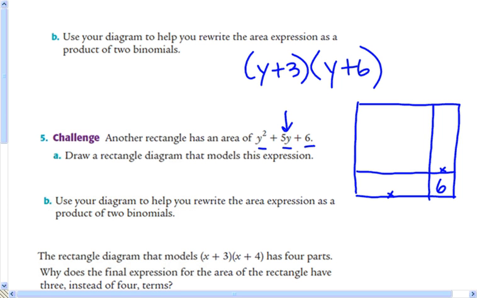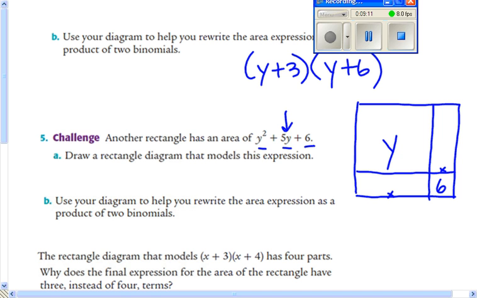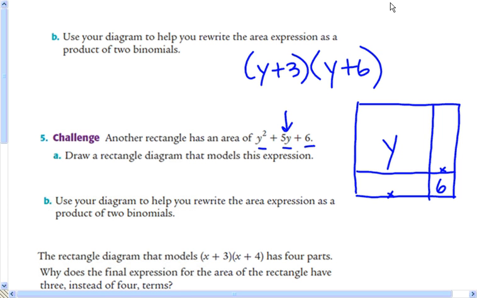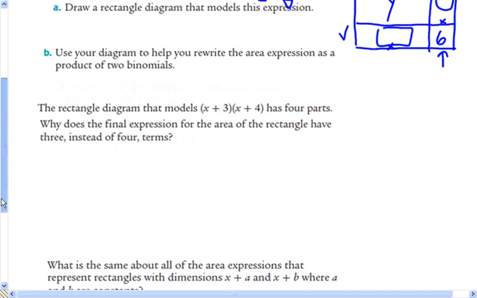And the 2 parts we know are the 6 and the y. All right, so that part's y squared and the other part is 6. So now you just have to think of a part here and a part there that add up to 5y. And when you put the dimensions here and here, they multiply to give you 6. So you go ahead and think about that, if you can do it.